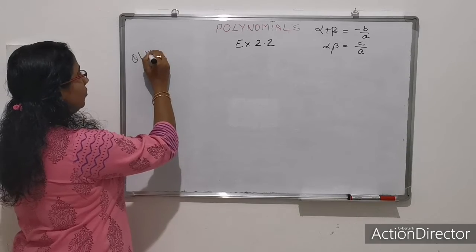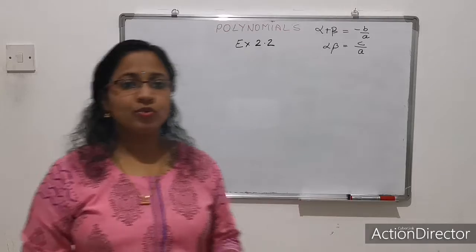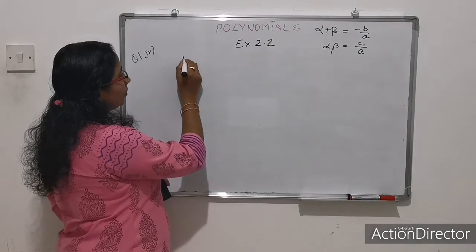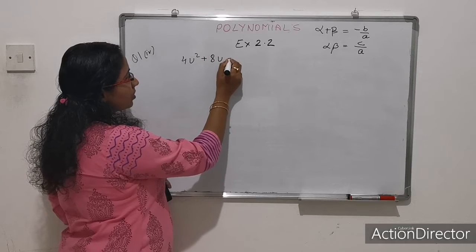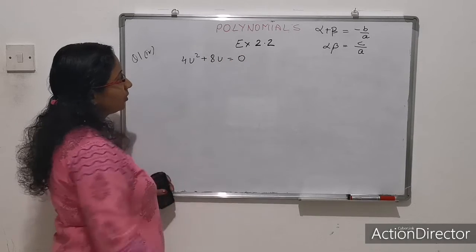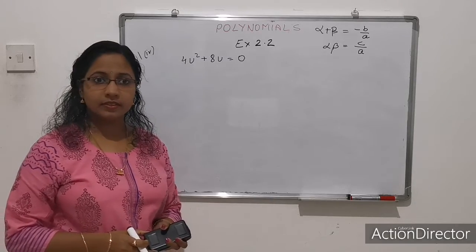Question 1, fourth part. 4u square plus 8u is equal to 0. Right?